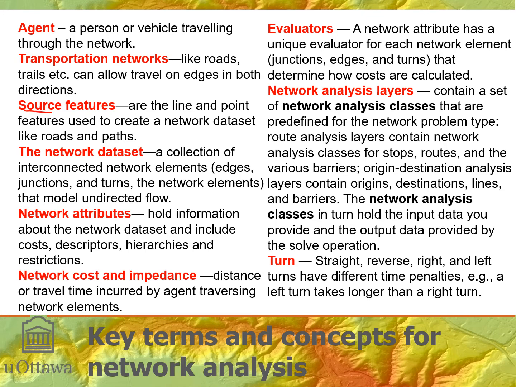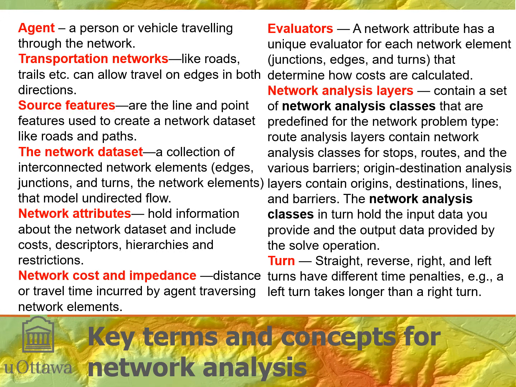Source features. Source features are line and point features that are used to create a network dataset. A network dataset is something that must be created. It is not a simple feature class, for example. So just because you have a layer that has roads does not mean that that roads layer is a network dataset. It is a network, but it is not a network dataset.